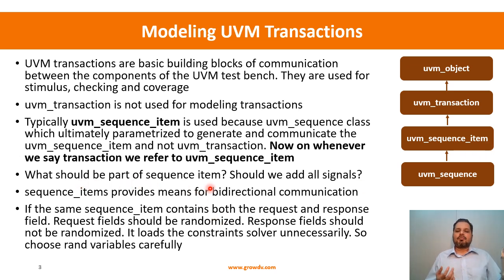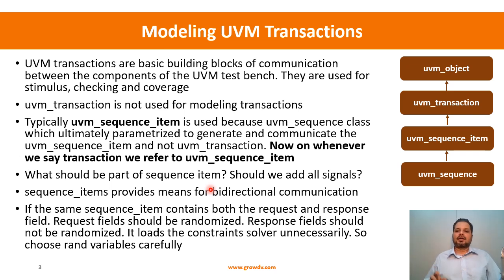So what should be part of the sequence item? Anything that is related to your high level stimulus should be randomized as a part of your sequence item. There might be a question: do you need to add all the signals that are present in your interface to the sequence item? The answer is no. You don't have to by default add all the signals that are present in your interface to the sequence item.